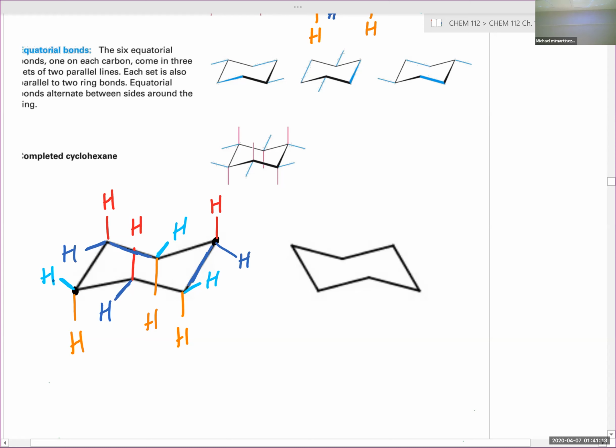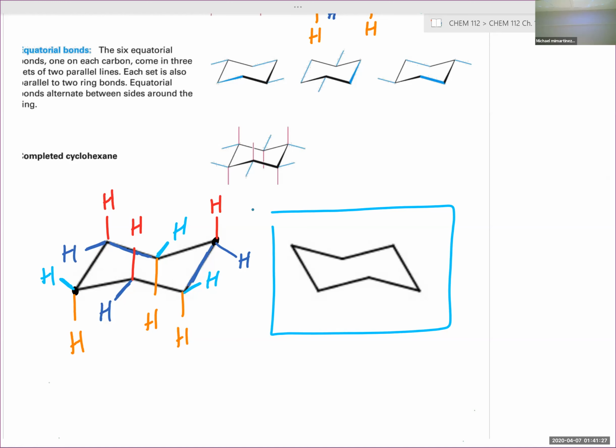Okay, now what I want everyone to try is to fill in the cyclohexane chair conformation on the right with axial and equatorial hydrogens.